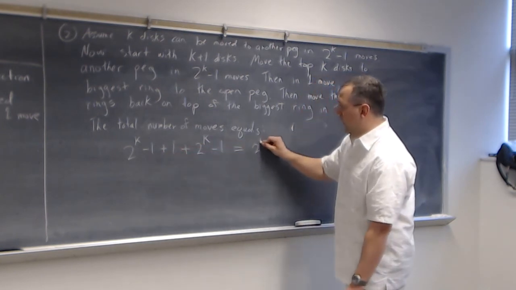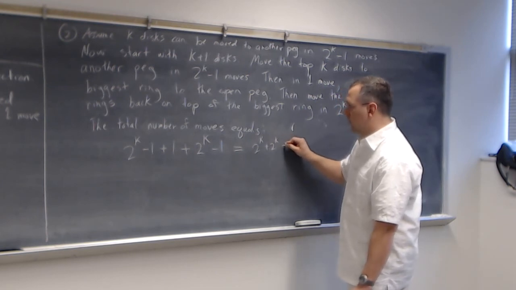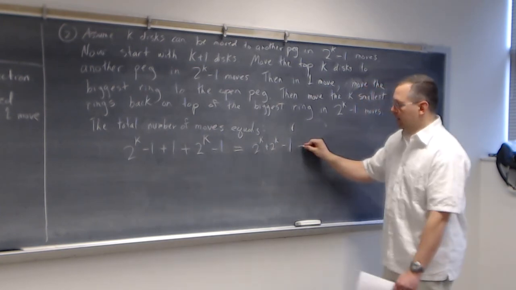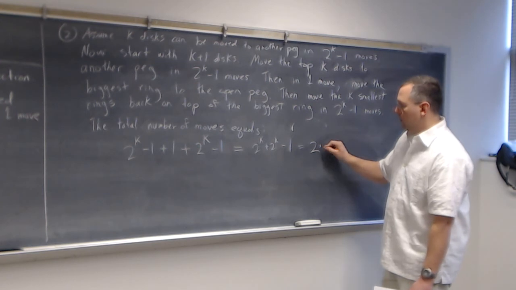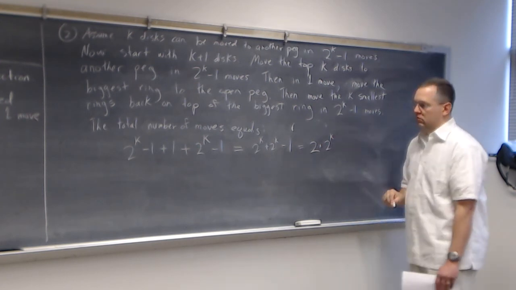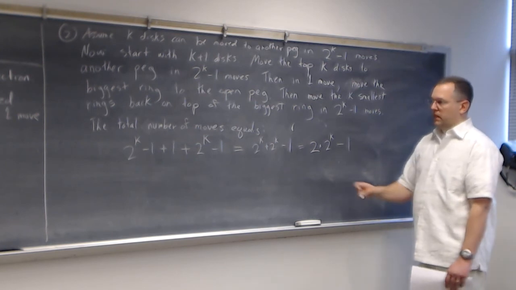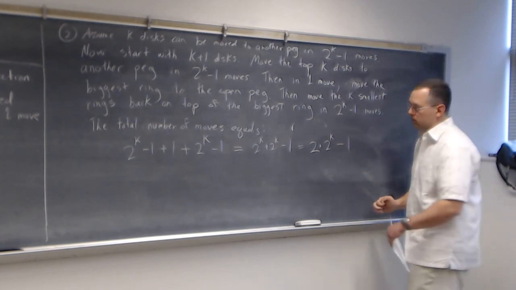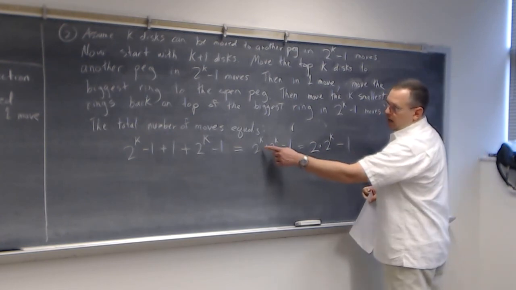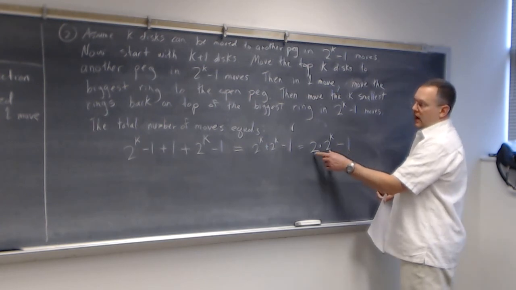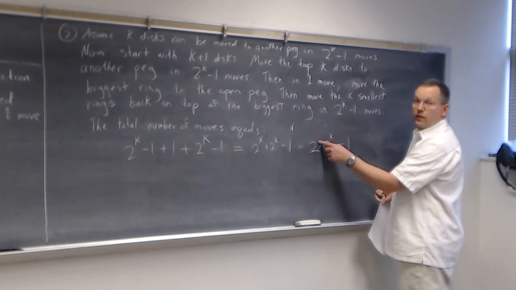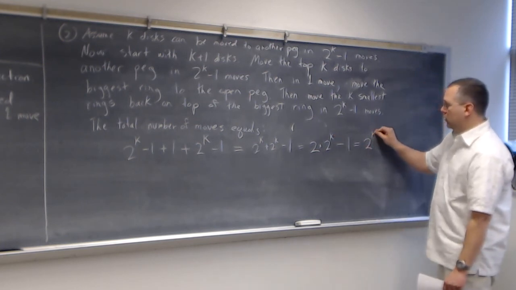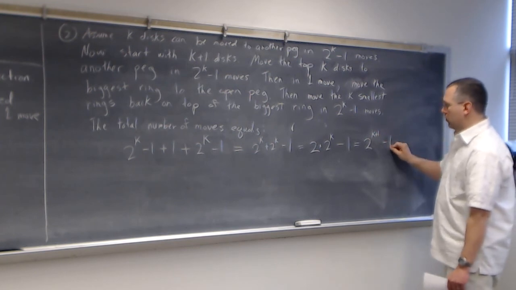So it looks like you have 2 to the k plus 2 to the k minus 1. But 2 to the k plus 2 to the k is the same as 2 times 2 to the k. So that's the key to bumping up this exponent by one. 2 to the k plus 2 to the k is 2 times 2 to the k. And now this is like 2 to the power of 1 times 2 to the power of k. So when I combine exponents, I get 2 to the k plus 1 minus 1.